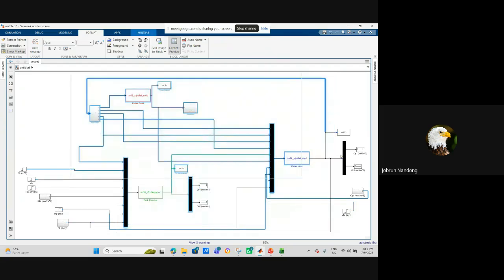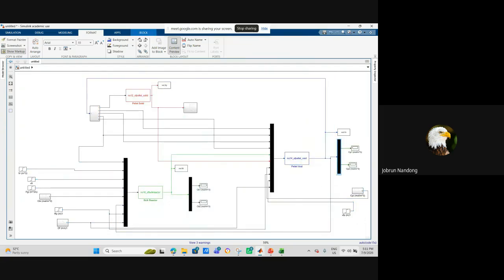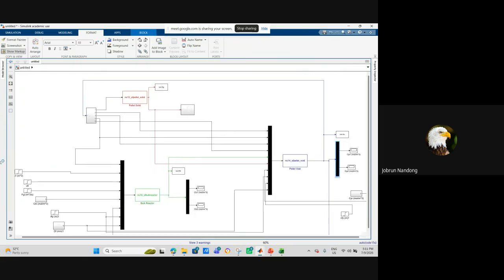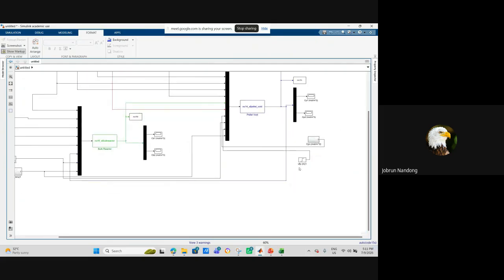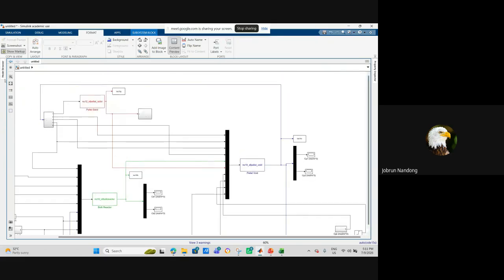Okay, this one needs to be inside. All of the inputs you want to put outside. All of that has to be outside. This input outside, and then you arrange it again.